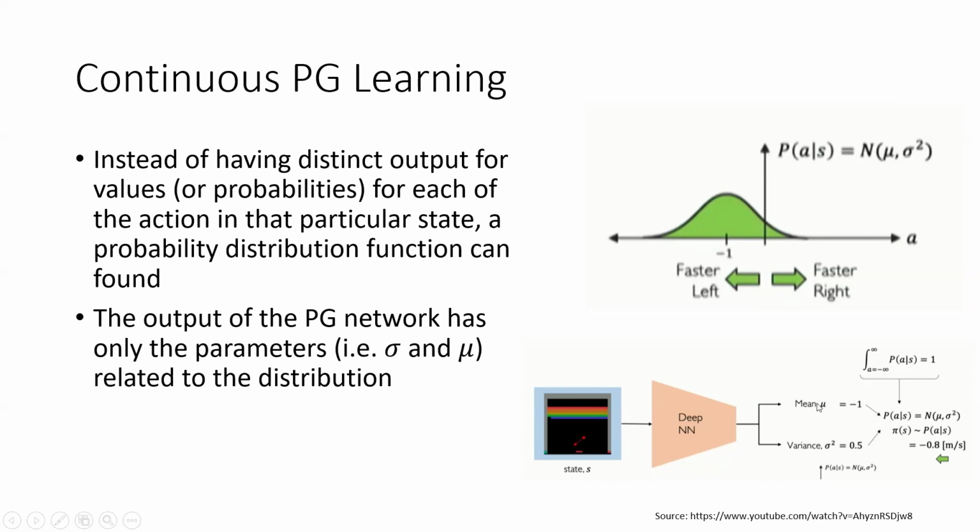From these two values, as you know, with mean and variance you can define the probability distribution, which is the policy distribution, same as the earlier discrete case, and you can sample a speed in a certain direction.